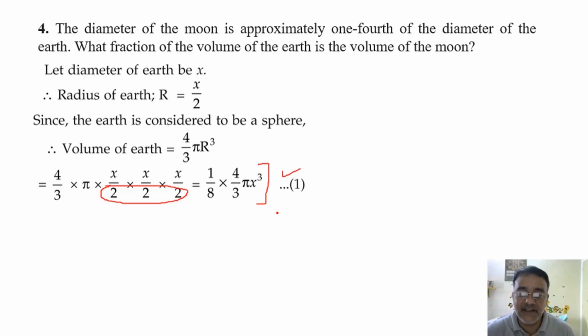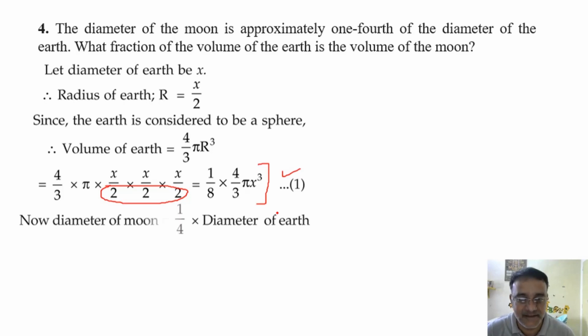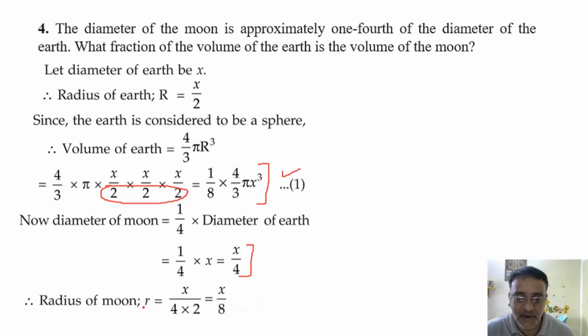Okay, now the diameter of moon is given 1/4 of the diameter of the earth, and diameter of earth is x, so diameter of moon will be x by 4. So what will be the radius of moon? X by 8. Right. Taking small r for this. So moon is also in the form of sphere, so volume of moon will be 4 by 3 pi r cube.